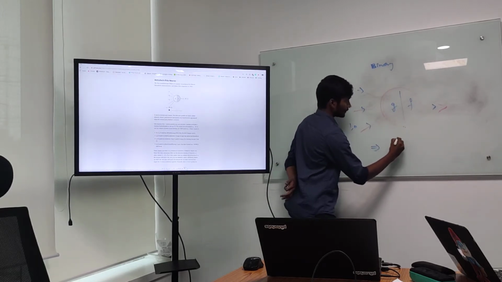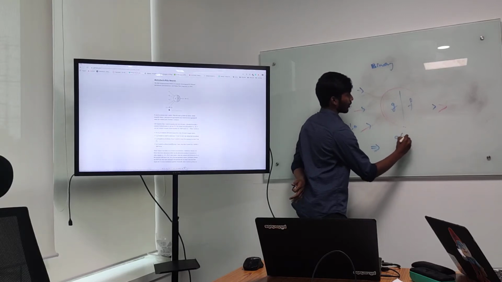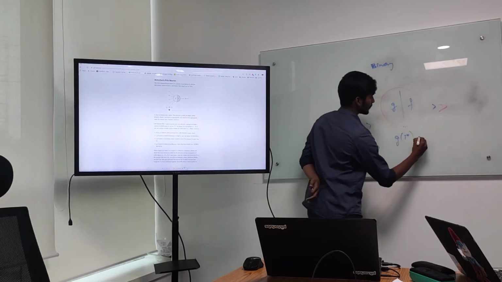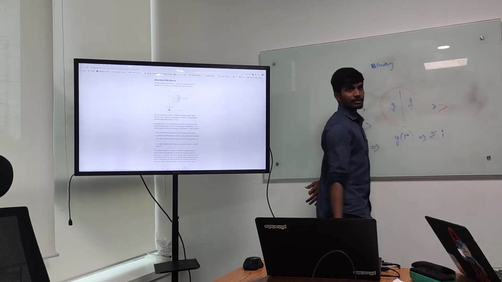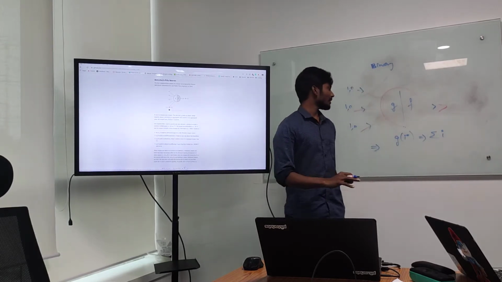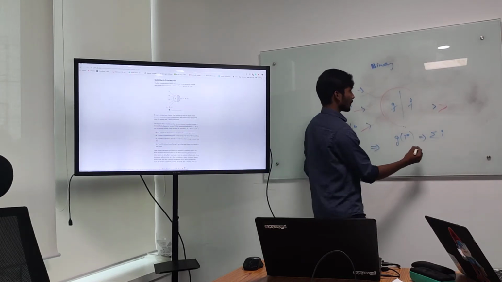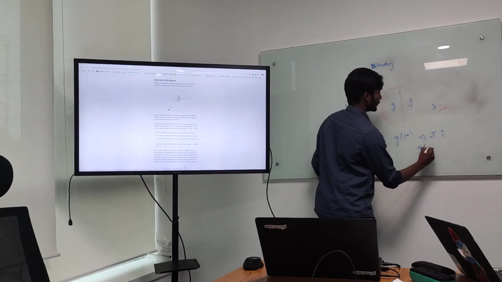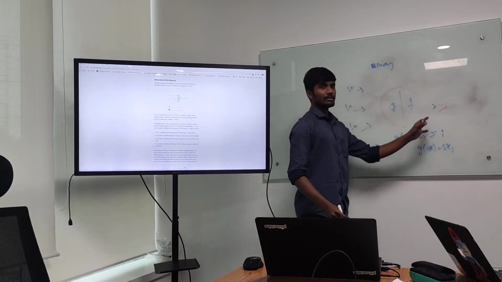They defined g of all the inputs as the summation of all the inputs. It's a fancy thing, but all they do is add all the inputs. This is g of x equals sigma x_i, summing all the inputs.